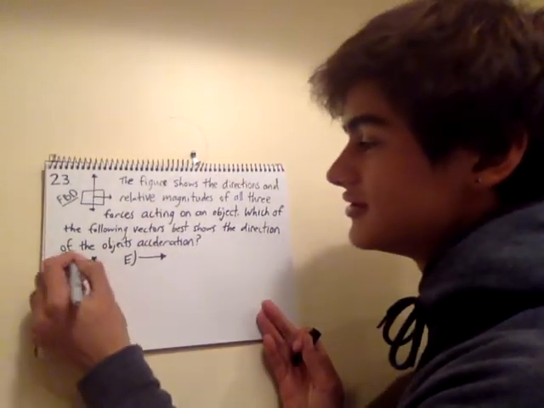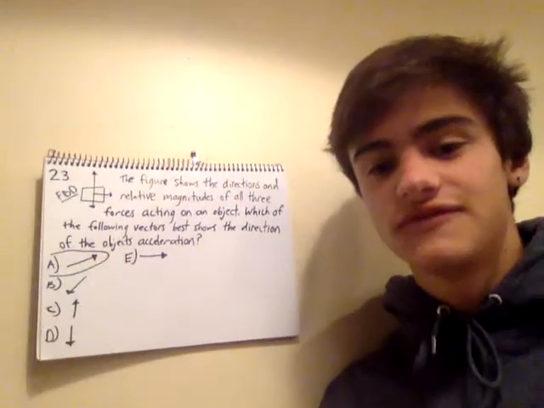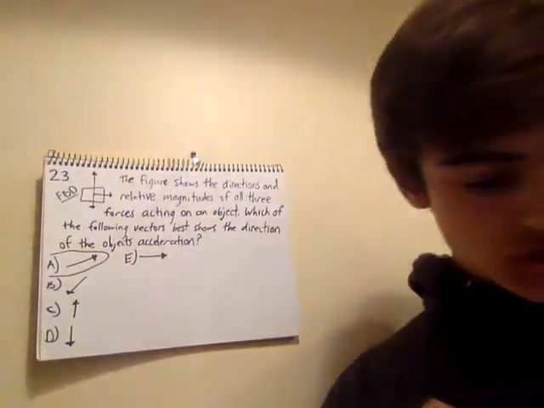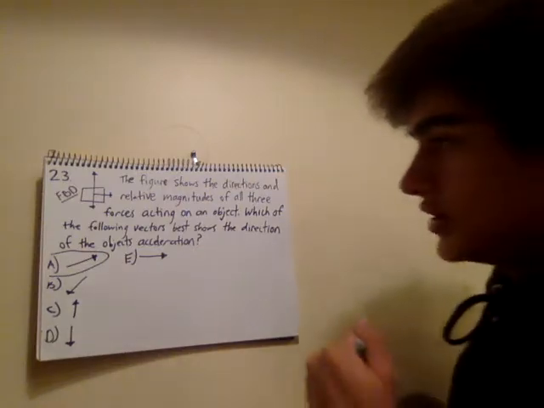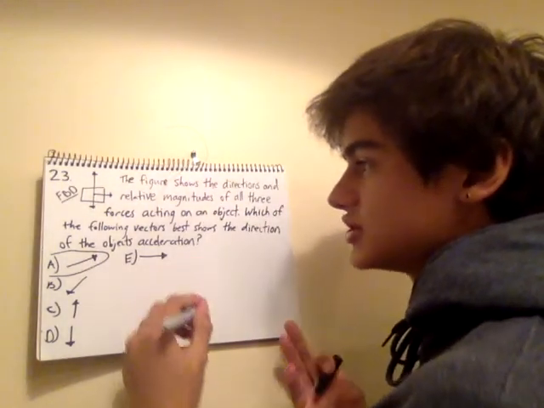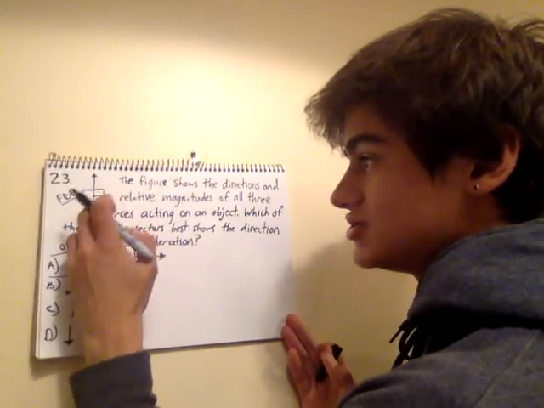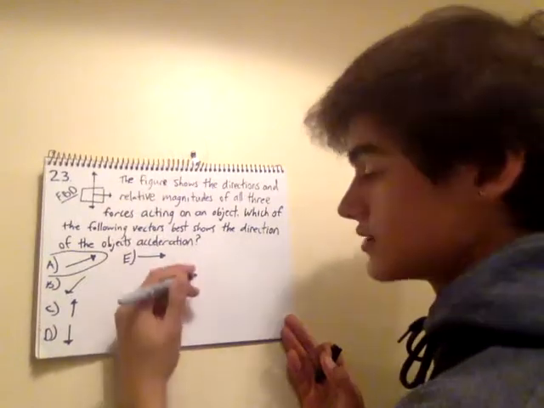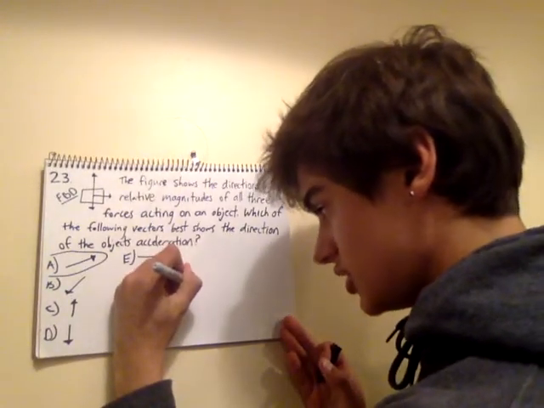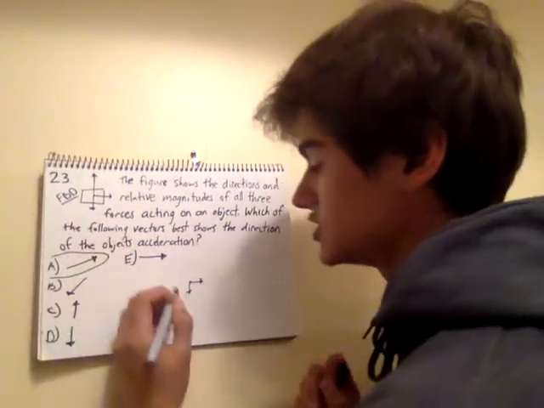But let's talk about this a little bit more mathematically in terms of vector addition. The way you can add vectors, there's a couple ways, but let's do, I think it's called, the head to tail method. Let's add these two vectors first, the bottom two. So we have the vector going like this, the vector going like this, of approximately equal magnitude.